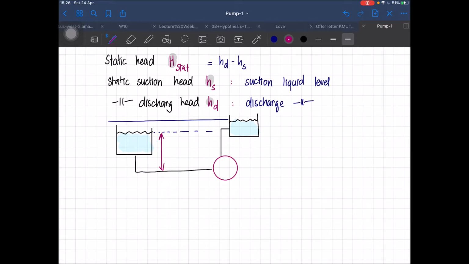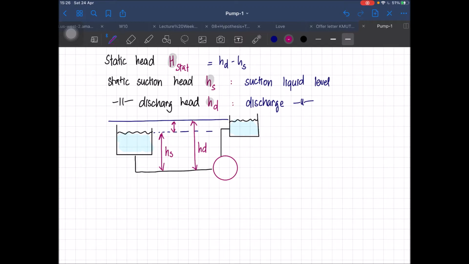The static suction head is HS, everything here is HD, and this tiny little thing here is the total static head. This is the reason that HD minus HS is equal to the static head.